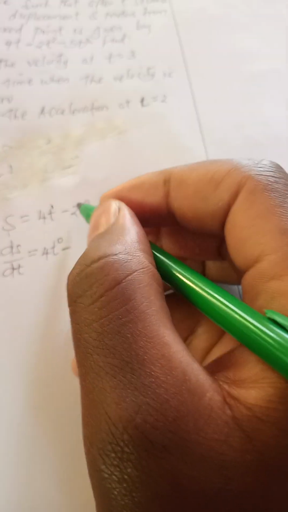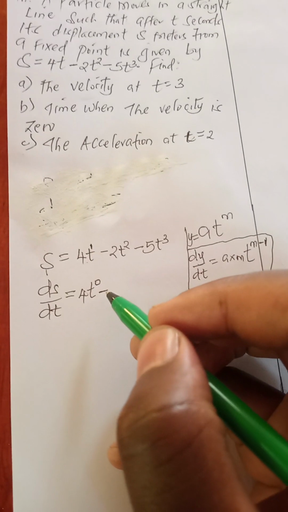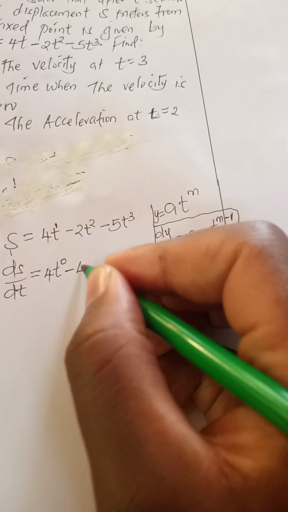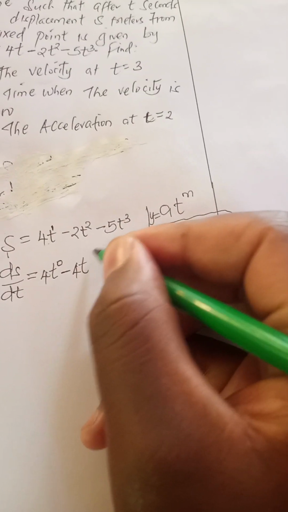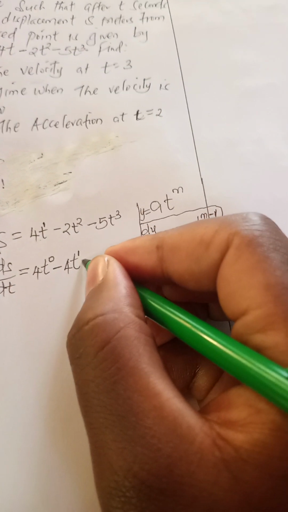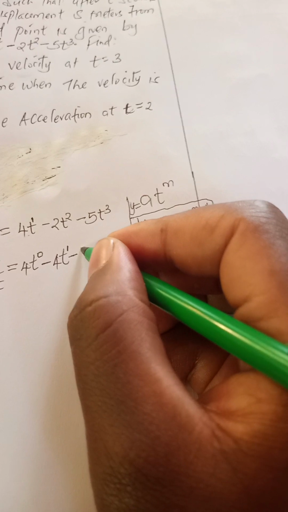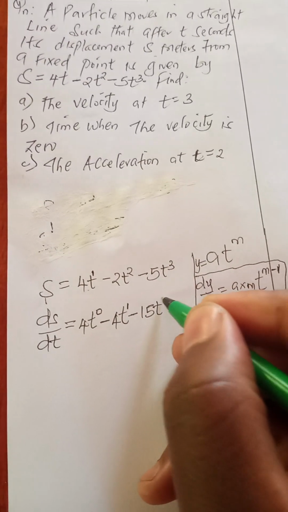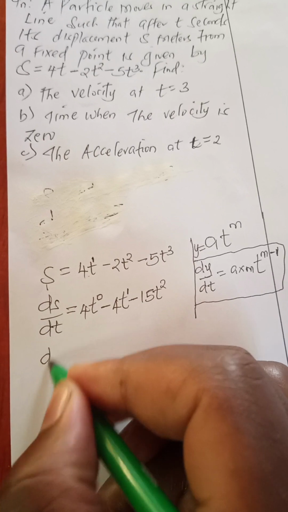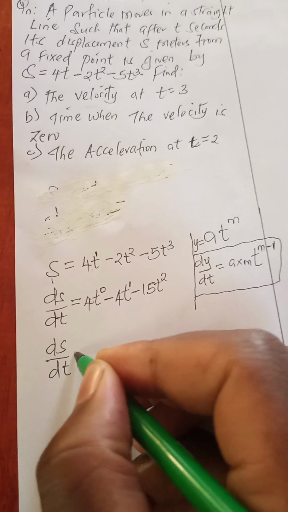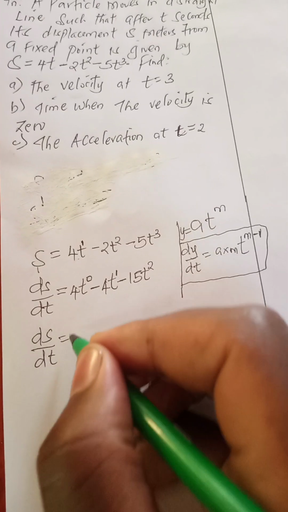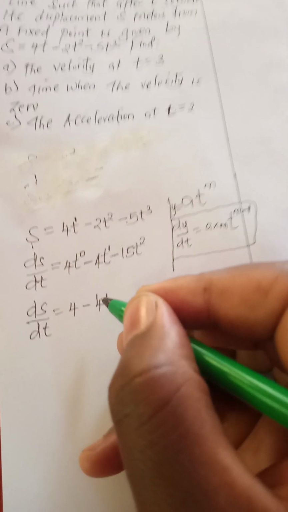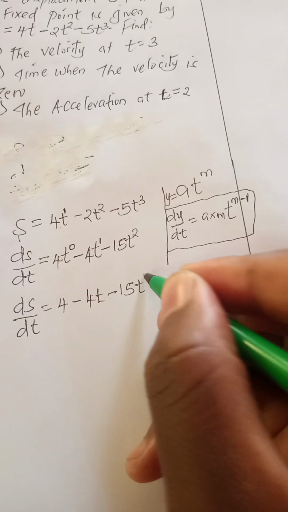So minus, differentiating 2t squared, 2 times negative 2 will be negative 4t, 2 minus 1 will be 1, and then minus 3 times 5 will be 15t raised to the power of 3 minus 1 which is 2, meaning that our ds/dt is giving us a number raised to power 0 is 1, so it will be 4 times 1, which is 4, minus 4t, then minus 15t squared.